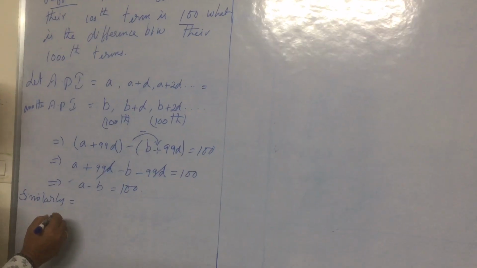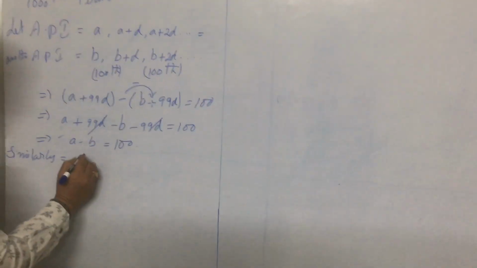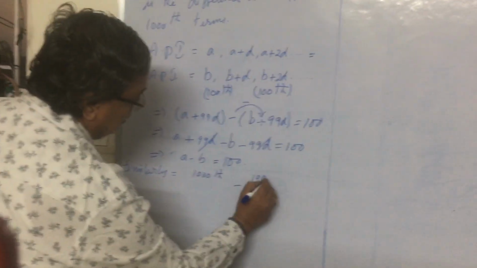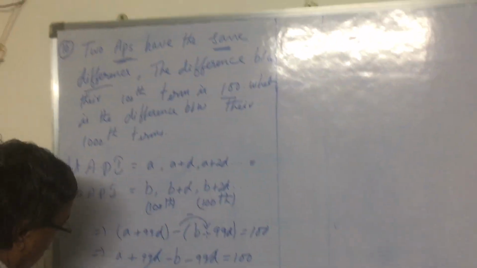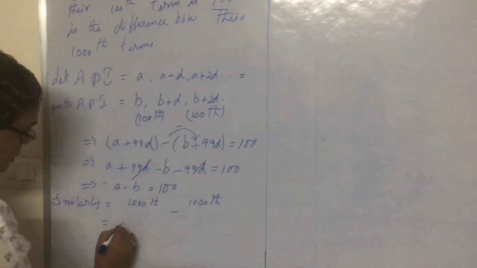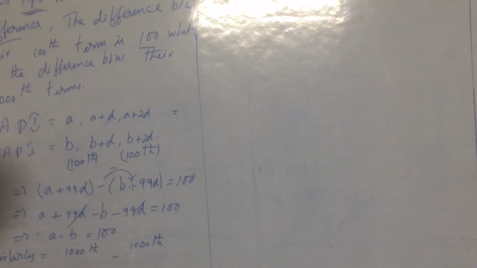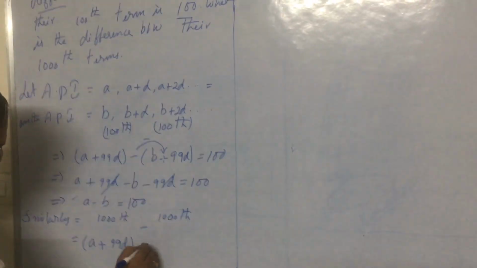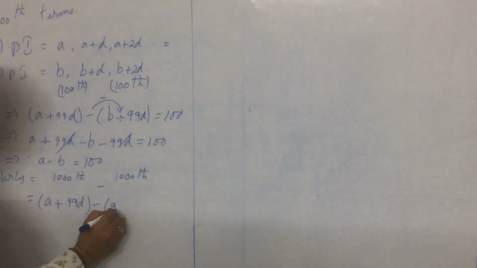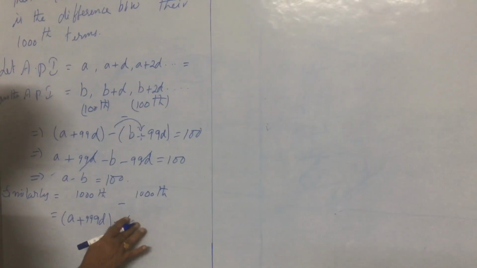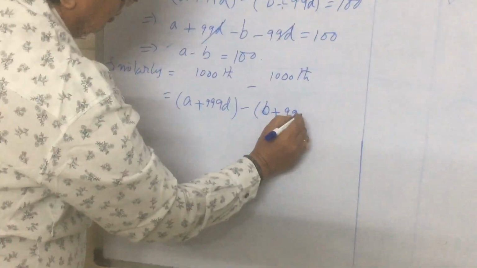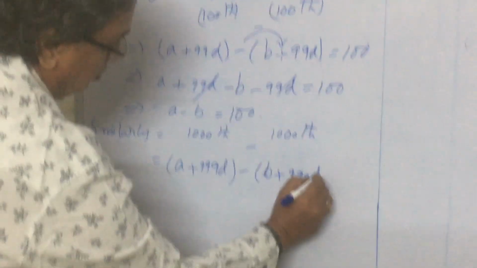Here, in the AP, you know the 1000th term. The 1000th term of the first minus the 1000th term of the second. The 1000th term is A plus 999D, minus the bracket of A plus B plus 999D, is equal to 100.